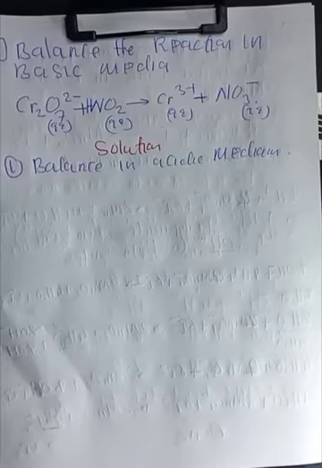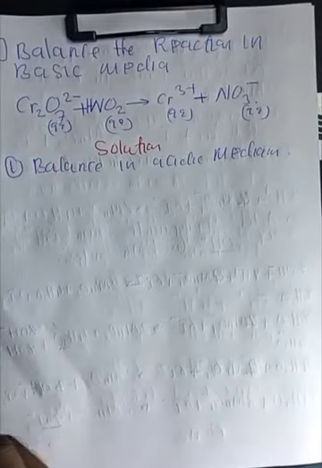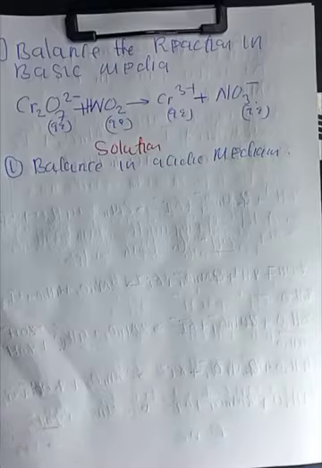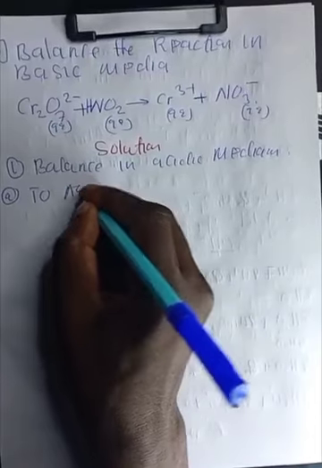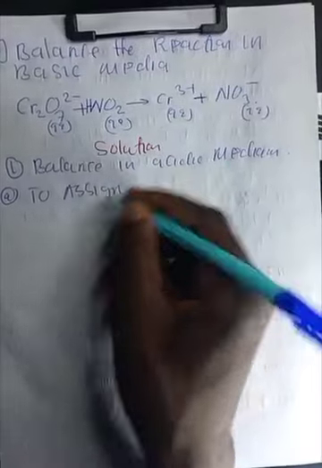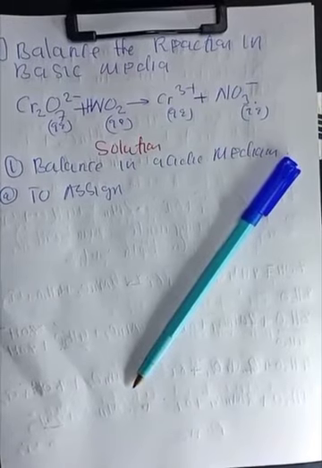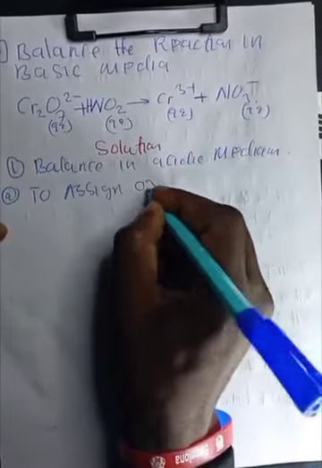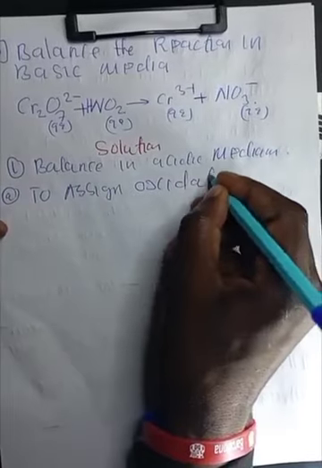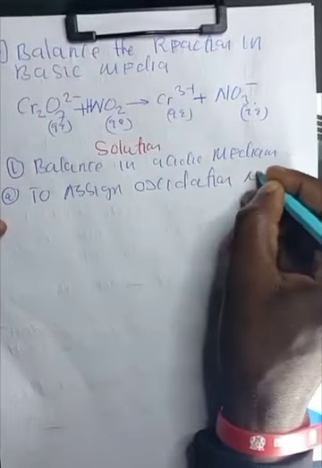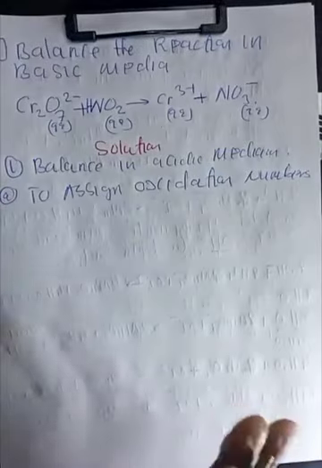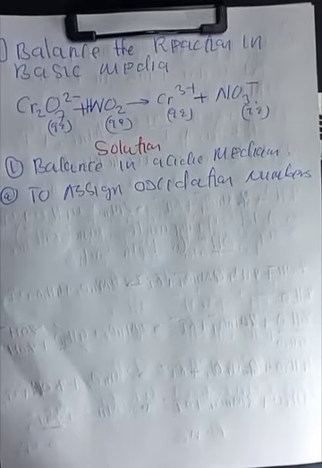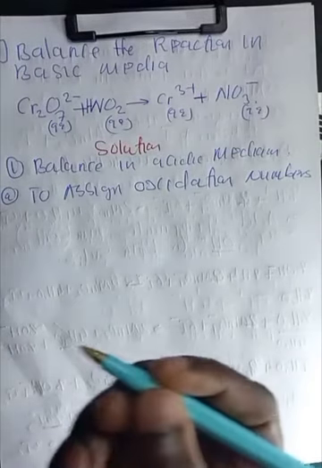Okay, so we know that when balancing in acidic medium, one of the steps was to assign oxidation numbers of all uncommon elements except hydrogen and oxygen.